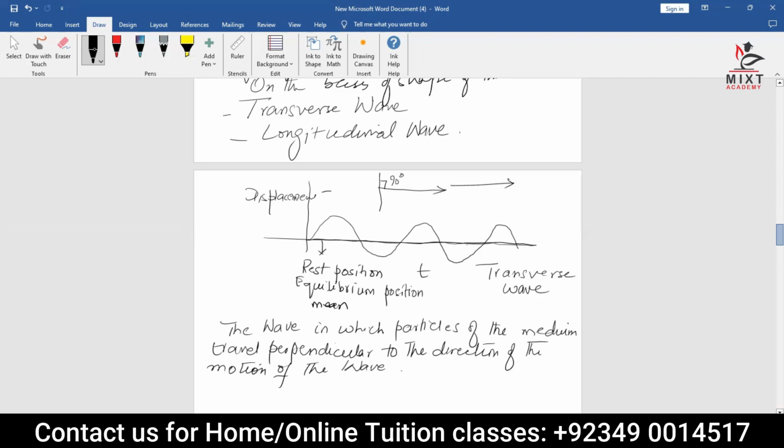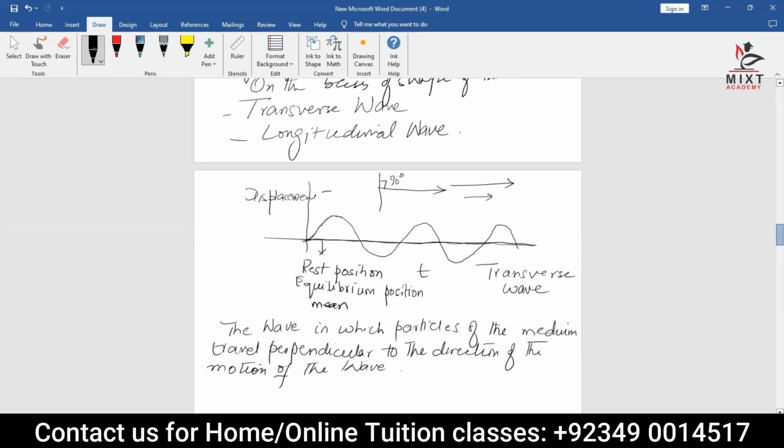Anyone have any question in this? Hello? So what do you mean when you say travel perpendicular to the direction of the motion of the wave? Very good. See that. If you check the particles here, particles are going this way, right? If this is your standard rest position, the wave motion is this way, right?